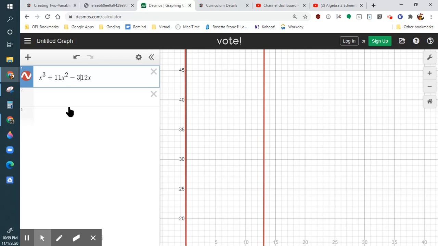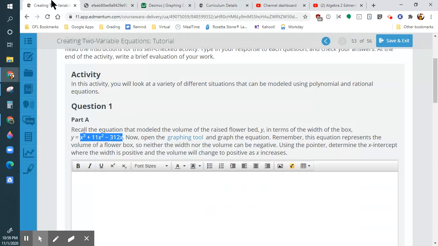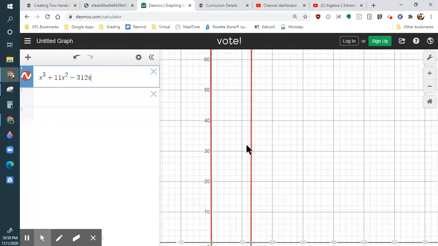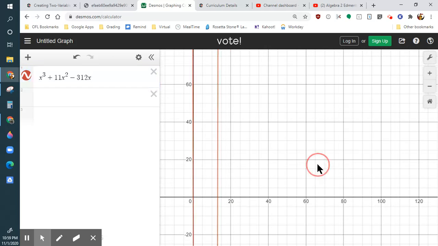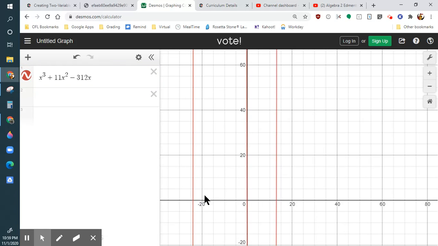Okay, if I highlight it, it does the exponent. Okay, so we have this. I don't really need to put a Y. The reason for that is Desmos is automatically assuming you're doing a Y. So if I look at the x-intercepts here, I see that there is an x-intercept at negative 24 and 0.